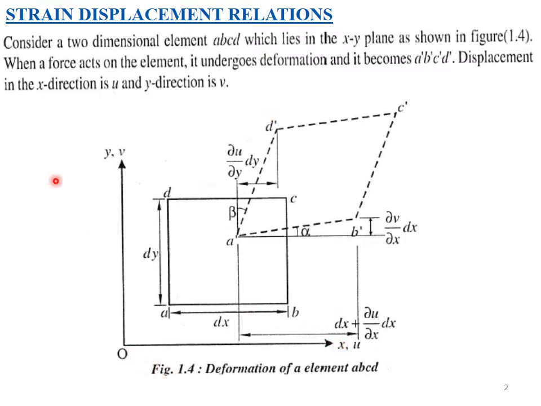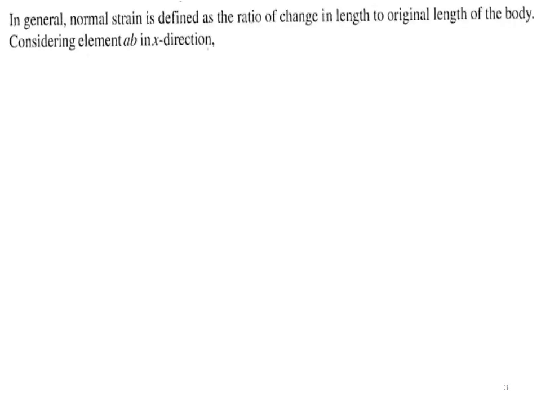Displacement in the x direction is u and displacement in the y direction is v. So we can see in this figure the ABCD element, a two-dimensional rectangular element. After deformation, it changes its position to A dash, B dash, C dash and D dash. So this is the deformation of the element.